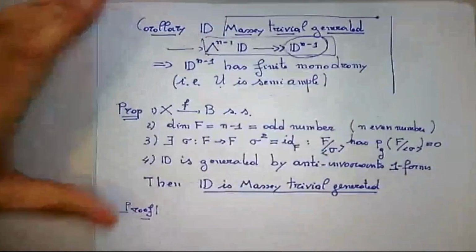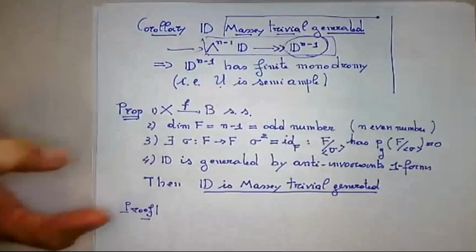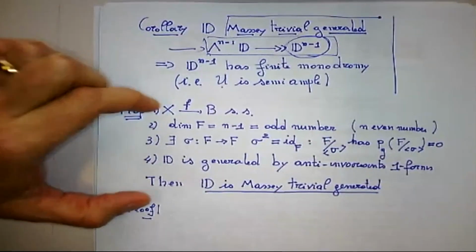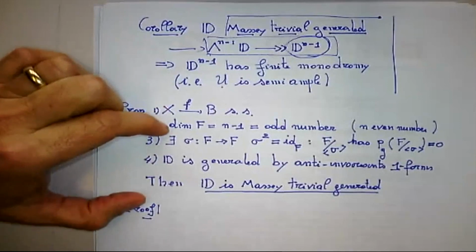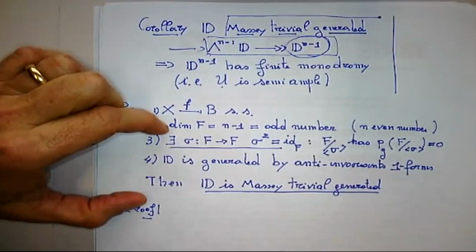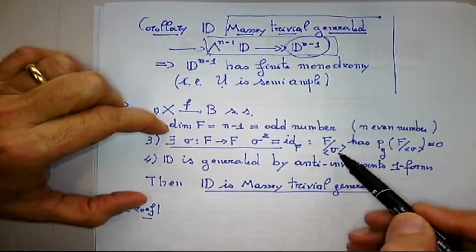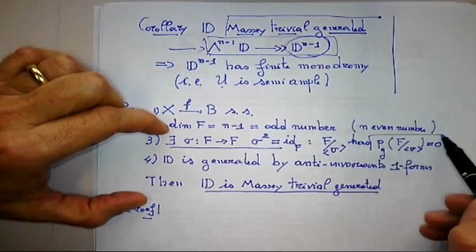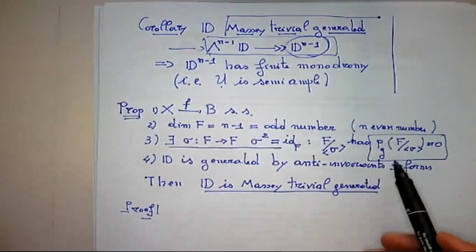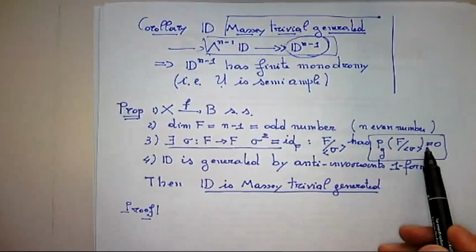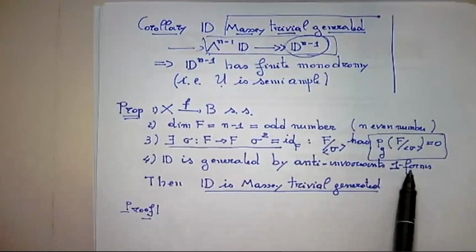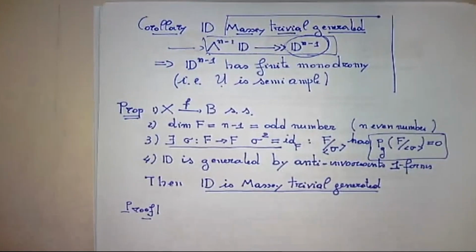And then I have an application, there are several actually, but at least one, which says the following: if I have a fibration where each fiber has an involution such that the quotient variety has geometric genus equal to 0, and D is generated by anti-invariant one forms, then this is a case where D is Massey trivial generated.